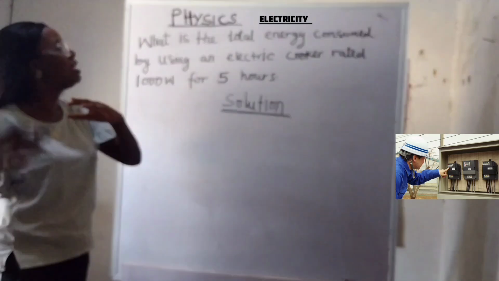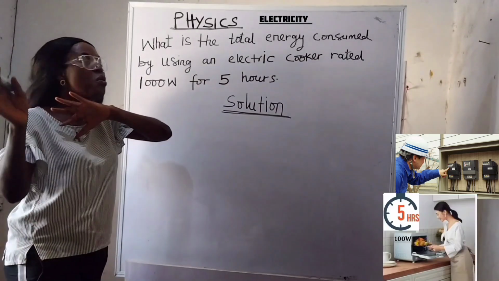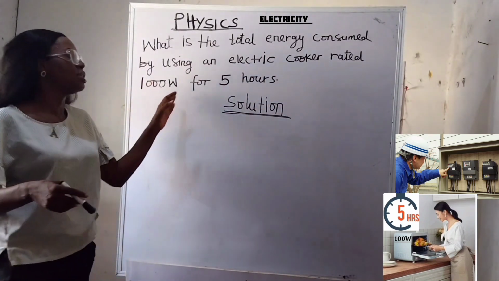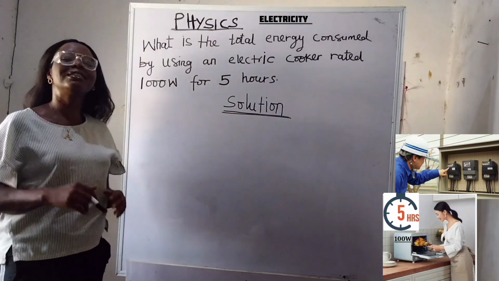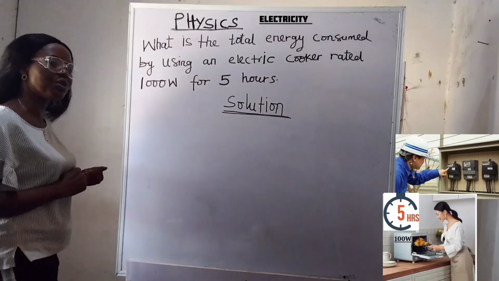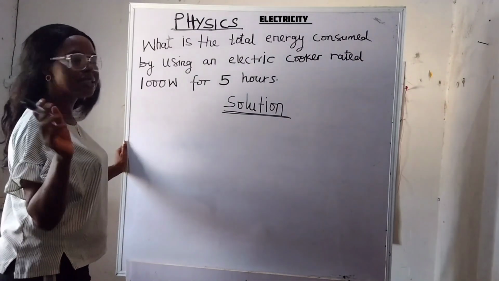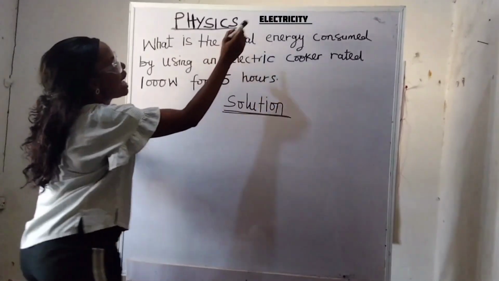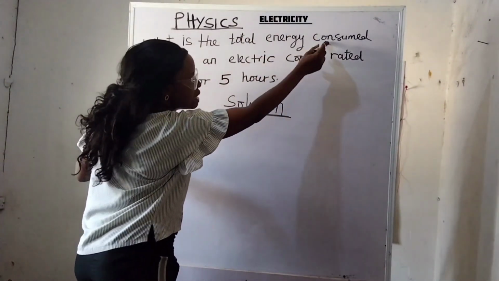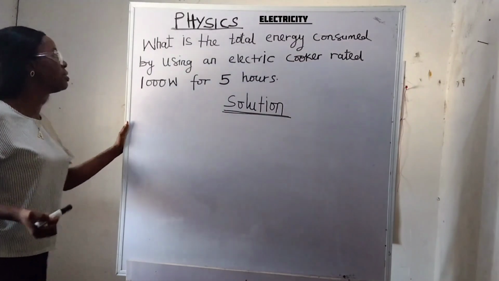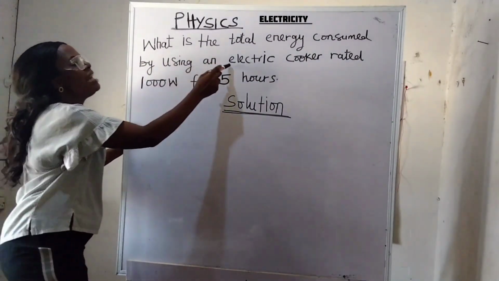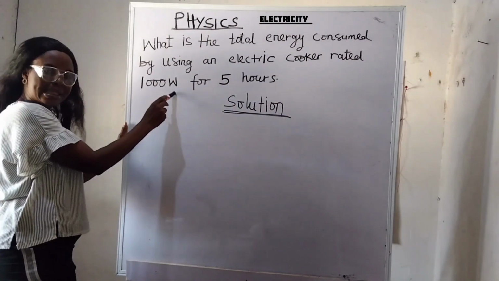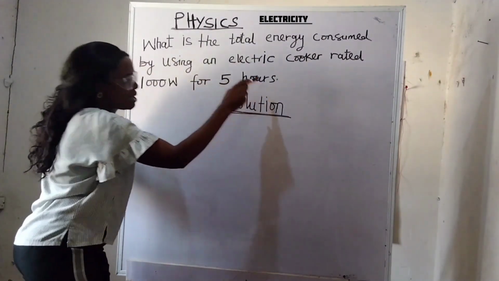We are asked to calculate the total energy consumed by someone using an electric cooker rated 1000 watts for 5 hours. Let's read the question properly so that we know what we are expected to do. The question says, what is the total energy consumed by using an electric cooker rated 1000 watts for 5 hours?